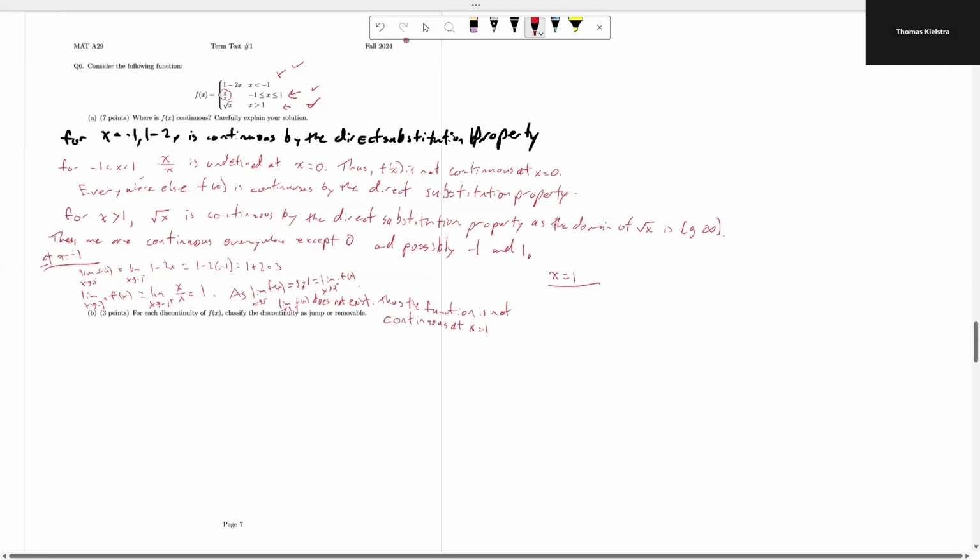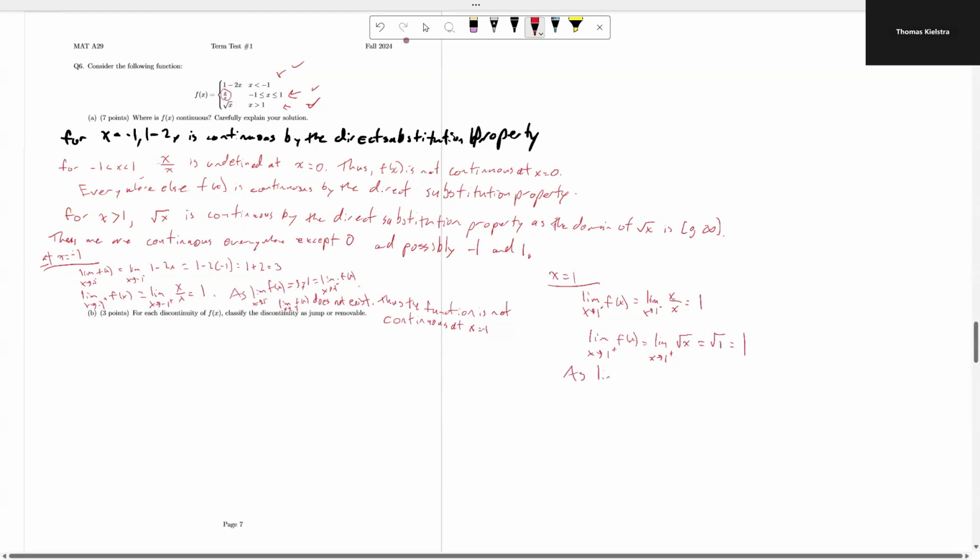Here, the limit as x approaches 1 from the negative side of f of x equals the limit of x over x, which equals 1. The limit as x approaches 1 from the positive side of f of x equals the limit of root x, which equals root 1, which equals 1.